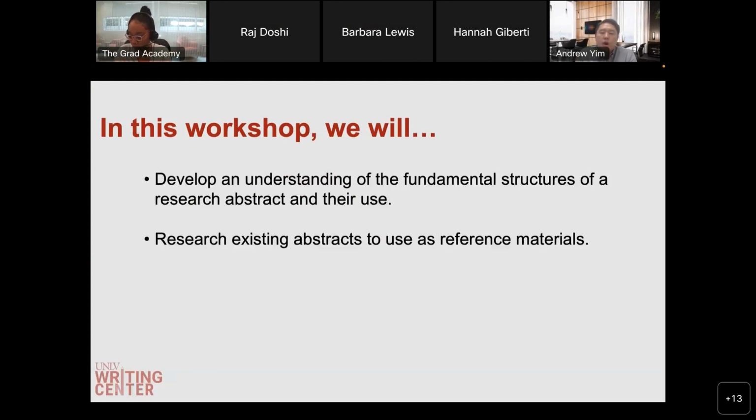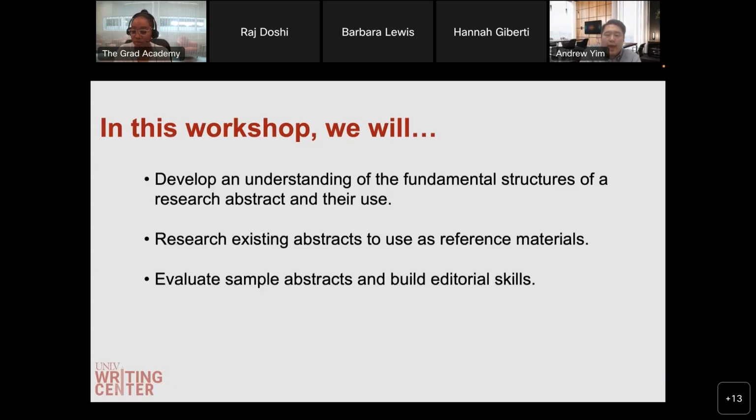Number two, we're going to look at some current research abstracts as a reference model. Based on those models, we're going to evaluate them as sample abstracts to help build your editorial skills. So I have three abstracts from three different journals and fields to give you a sense of what abstracts look like.